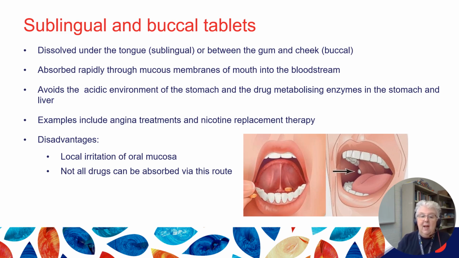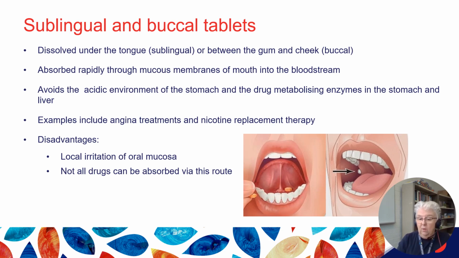The advantages are that it avoids the acidic environment of the stomach and those drug metabolizing enzymes in the liver, but there are some disadvantages. They can be irritant to the oral mucosa, and not all drugs can be used via this route.